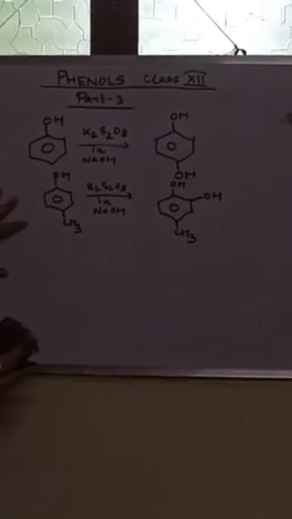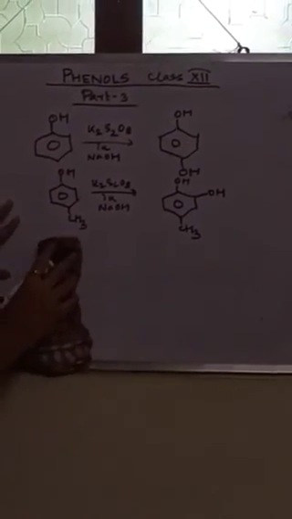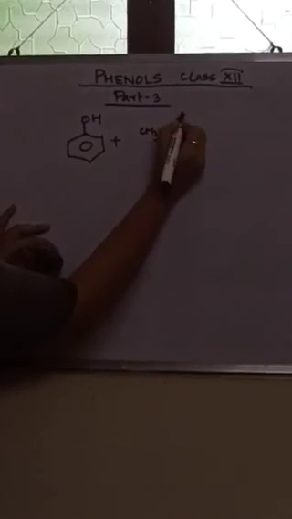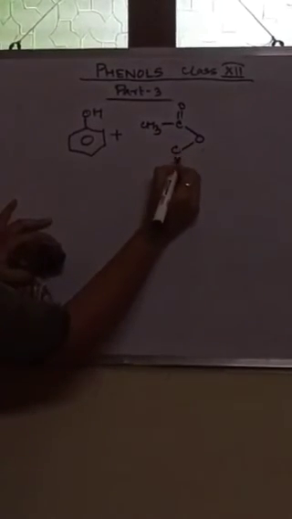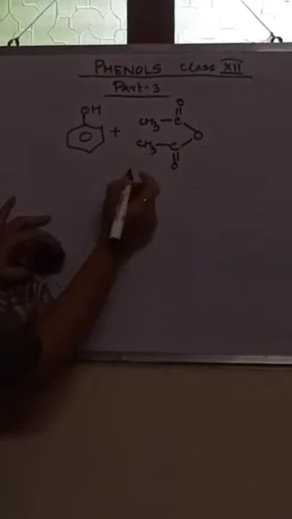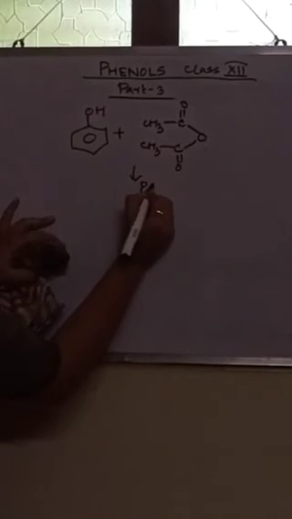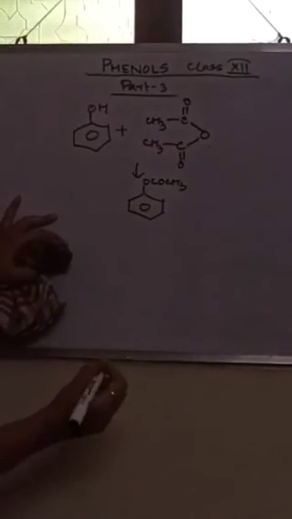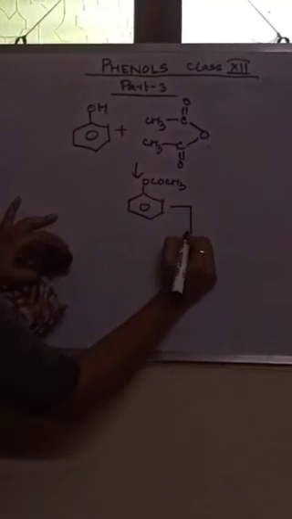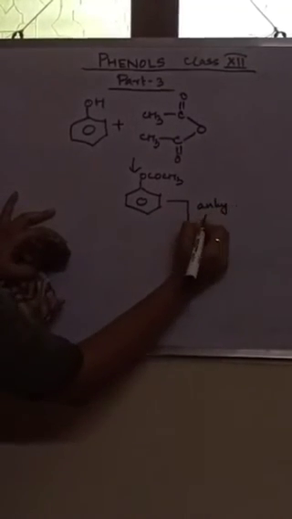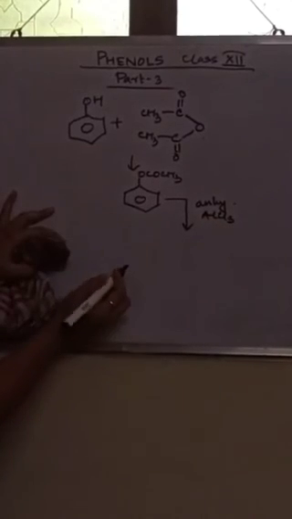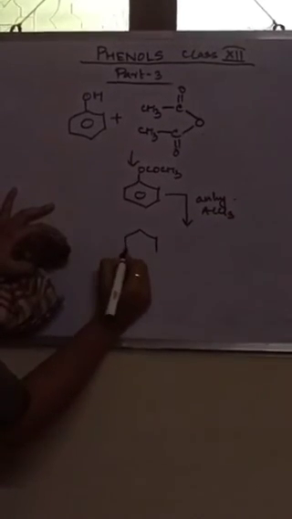Next and the last reaction you can say is Fries rearrangement. In Fries rearrangement, phenol is treated with acetic anhydride, resulting in the formation of an ester, which in presence of anhydrous AlCl3 will form ortho and para isomers.